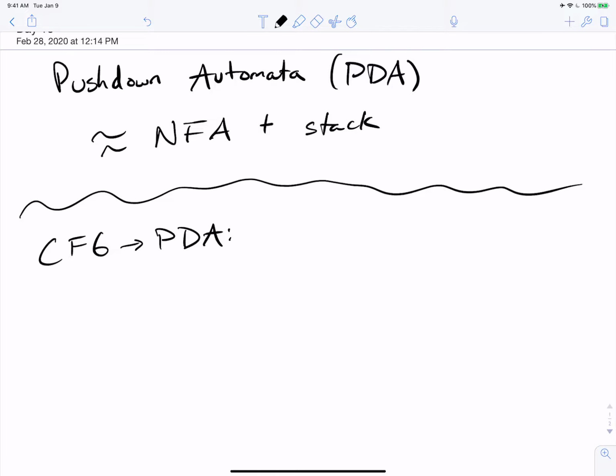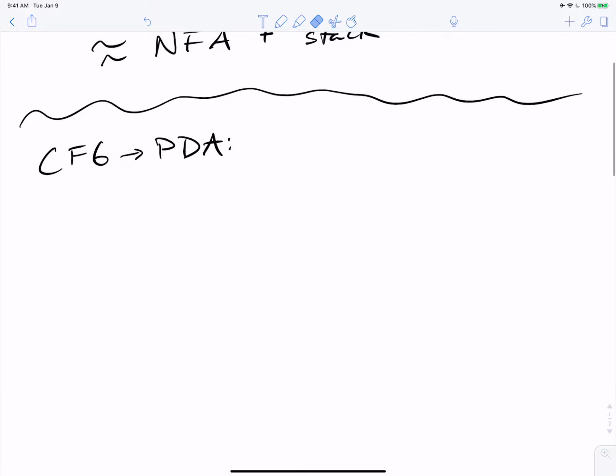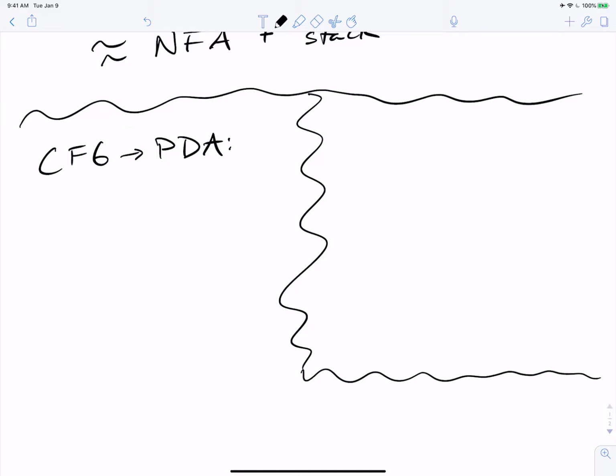It's just a state machine with a stack. So let's actually think about this for a second. First of all, we should work with a PDA first.